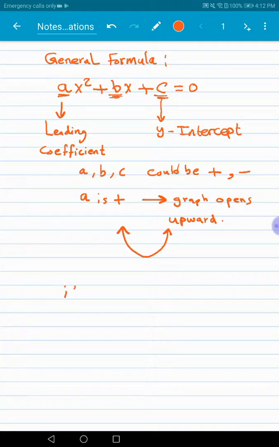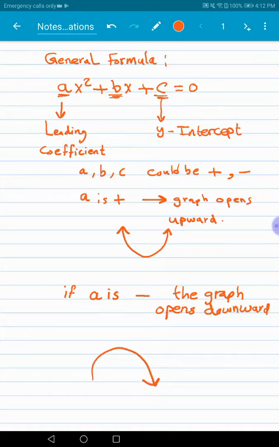If A is negative, the graph opens downward. So the graph of the quadratic equation will take this shape. This is A positive.